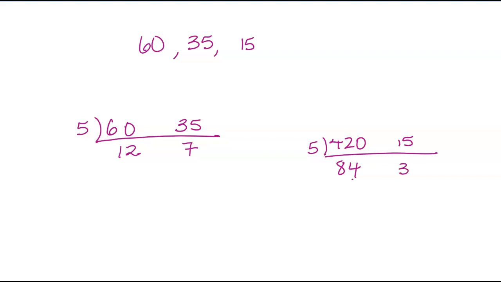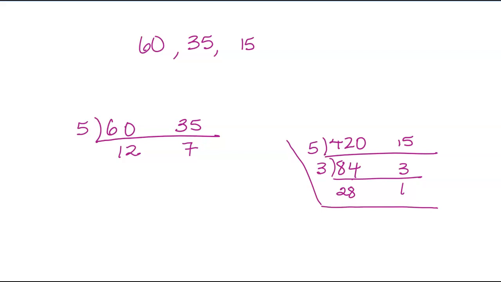But both of these, using your divisibility rule, can you tell that 84 is divisible by 3? So I'm going to divide both by 3. 84 divided by 3 is actually 28. And 3 divided by 3 is 1. So now if I multiply everything on this, I get 28 times 15.